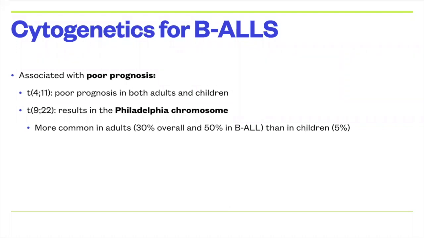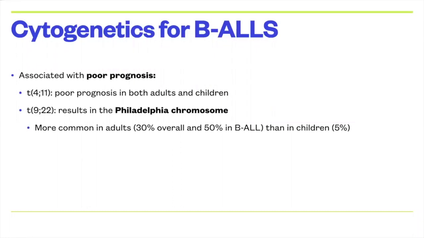Now, if you've gone over any hematology subjects previously, you know that this translocation is mostly associated with developing chronic myeloid leukemia. This translocation will result in the formation of the BCR-ABL fusion gene, which usually gives rise to chronic myeloid leukemias.